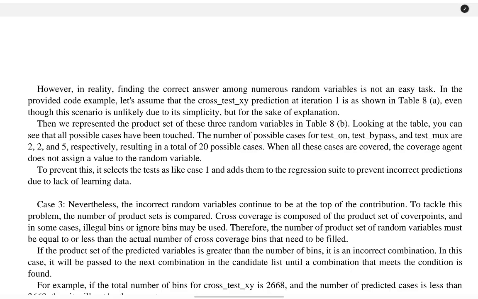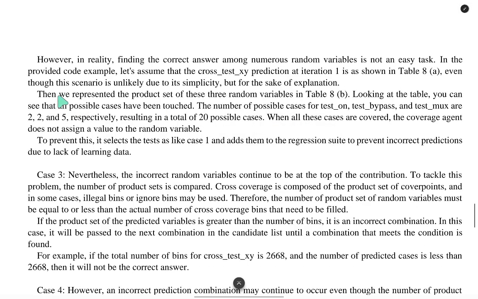Even though this scenario is unlikely due to its simplicity, for the sake of exploration we represent a product set of these 3 random variables in table 8b. Looking at the table, we can see that all possible cases have been touched. The numbers of possible cases for test on, test bypass, and test miss are 2, 2, and 5, respectively, resulting in a total of 20 possible cases.